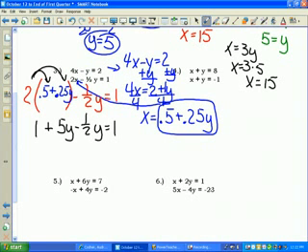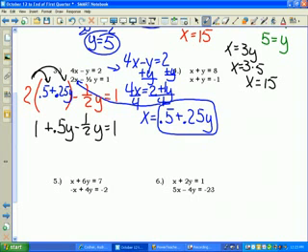So when I do that, I got my like terms on the same side of the equal sign. Oh, sorry, 0.5. So now I have 0.5y minus 1/2 y. And we all know that 1/2 is the same as saying 0.5.